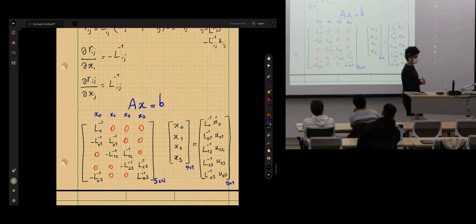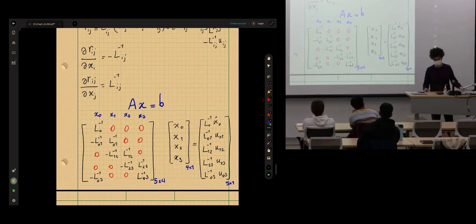The matrix is sparse. There are a lot of zeros. These zeros are exactly the edges or factors that are not available between variables.